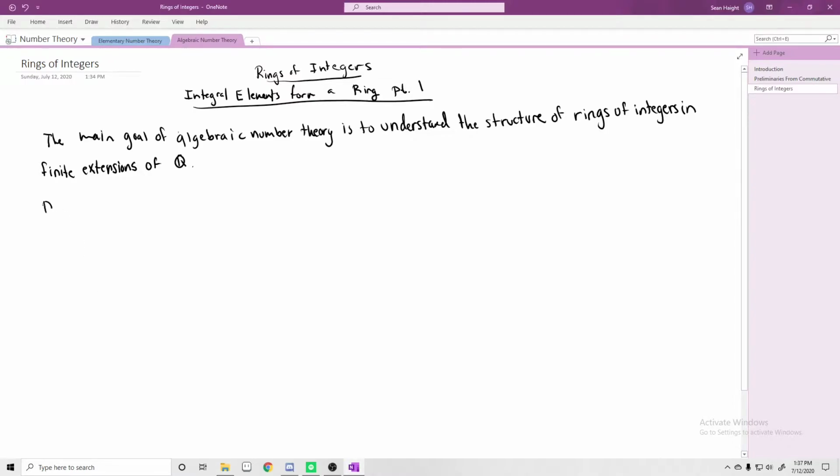Okay, so definition. I'm going to let A be an integral domain.